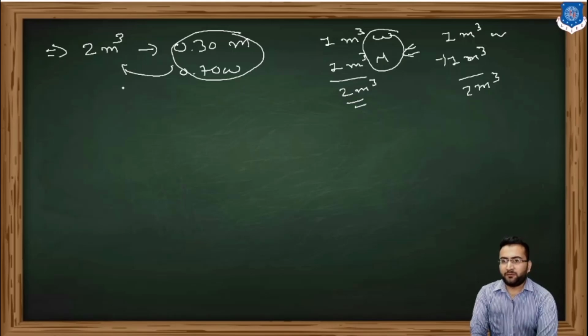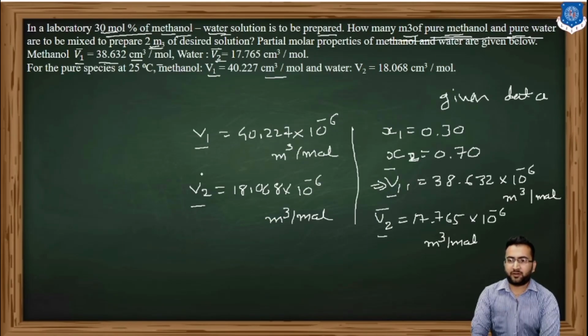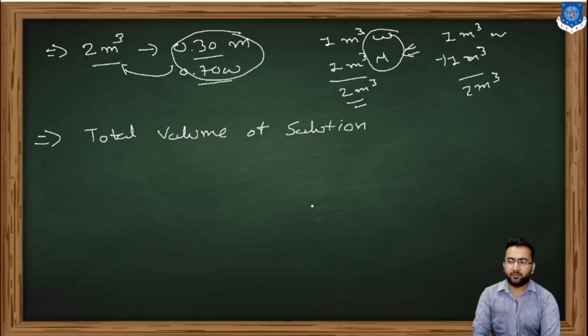So if we want to make 2 meter cube of solution of 30% methanol and 70% water, what do we have to do? First, we have to find the total volume of solution. How can we find it? The statement gives the partial molar volumes, V1 bar and V2 bar, and using these we can find the total volume of solution.